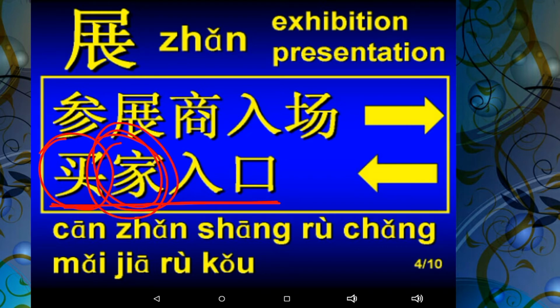This is the Jia character, meaning family, but it also means group. So, Mai Jia means group of buyers. These next two characters, Ruko. Ruko means entrance. This is the entrance.